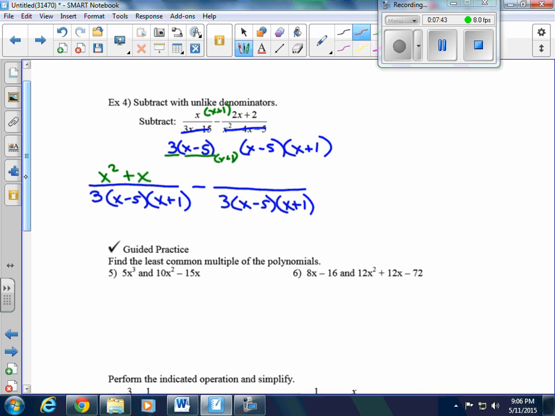So we're going to have to multiply this one, top and the bottom, by 3. So if we do that, that's going to give us 6x plus 6. And again, we have a subtraction, so we're going to subtract these straight across. So we're going to have x squared minus 5x minus 6 over that denominator.